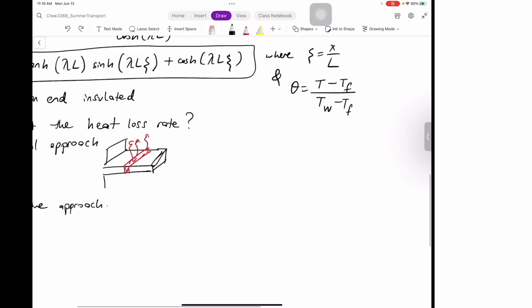So you can say that the amount of heat loss is basically T at x minus Tf times H times the area, which is the perimeter times delta x, let's call it P times delta x. But when you actually use integrals, the delta x's turns into dx's. And you take the integral from x is equal to 0 to x is equal to L. So that's the total amount of heat loss per unit time.